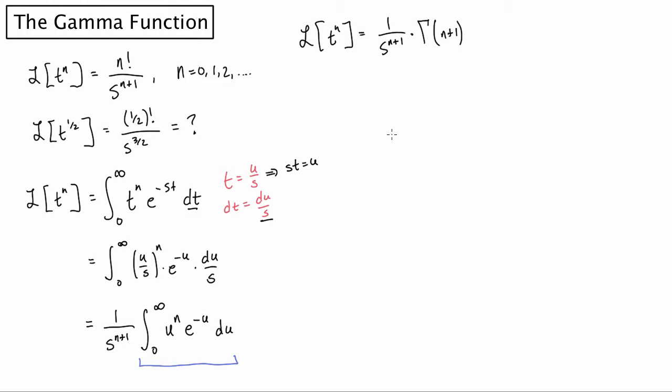So what is the gamma function of n plus 1? Well, it is this thing I have underlined in blue. The gamma function of n plus 1 is defined as the result of integrating u to the n e to the minus u du.